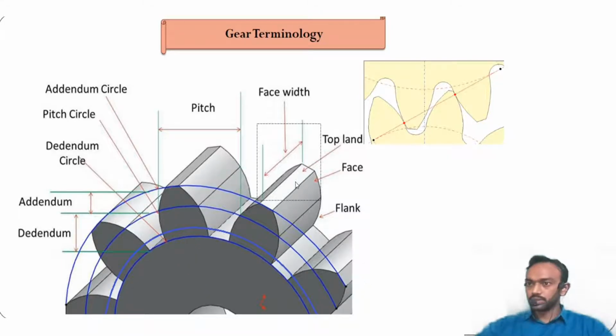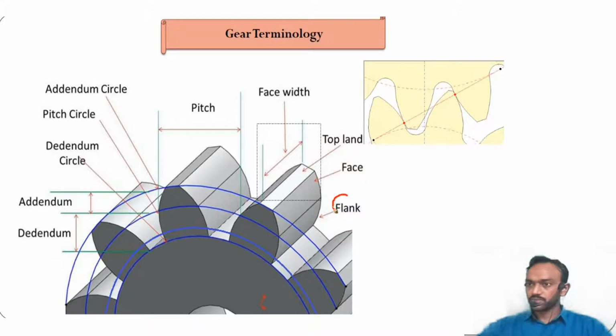There is some other terminology also. This is the top land, which means the top surface of the gear. The face of the gear is the surface above the pitch circle, which means all this surface above the pitch circle is known as the face.